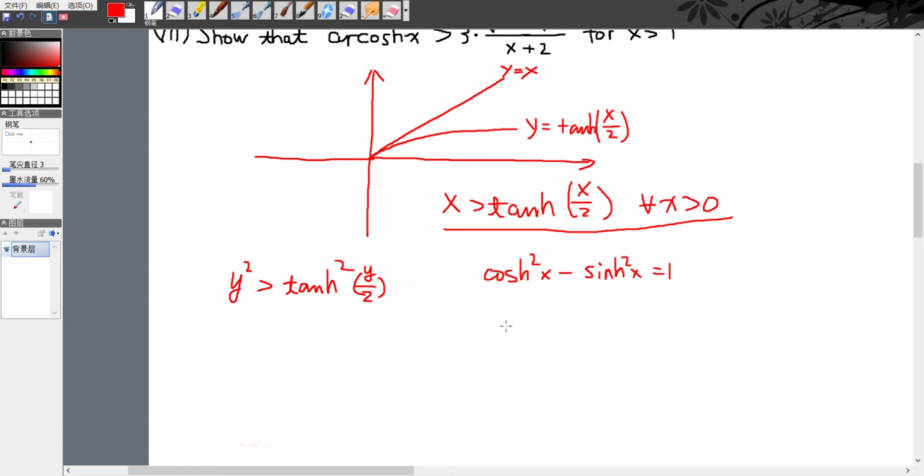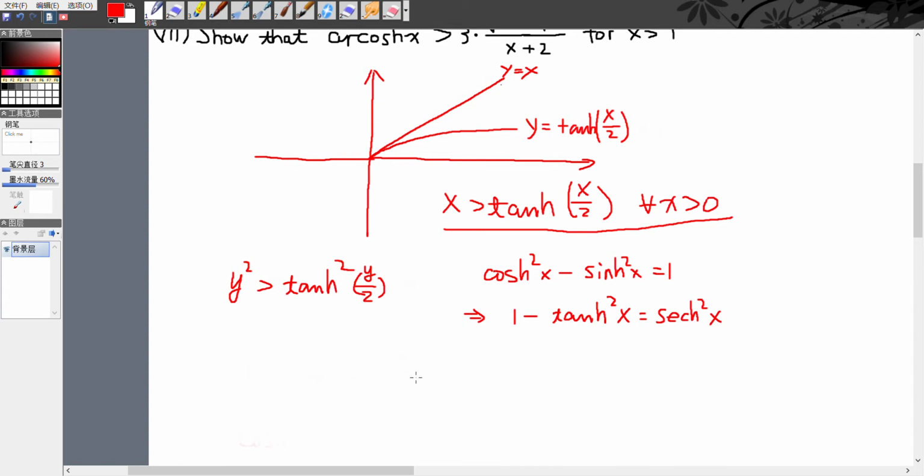This is our very basic hyperbolic identity. If we divide both sides by cosh squared x, we have 1 minus tanh squared x is equal to sech squared x.